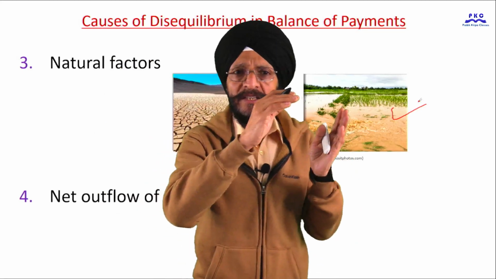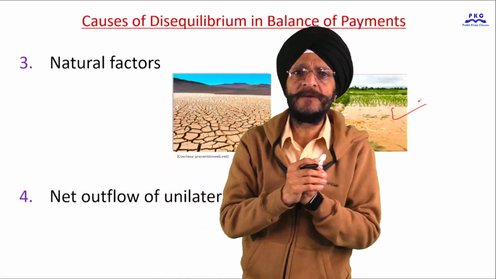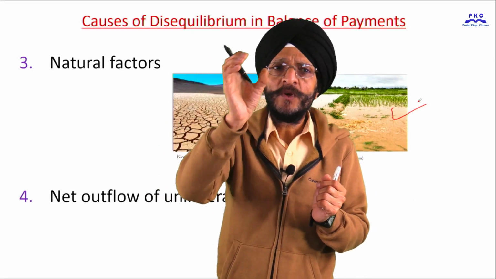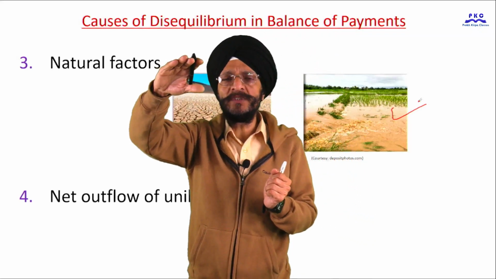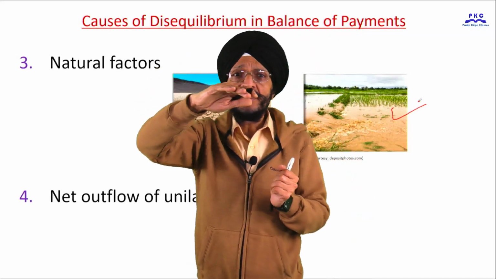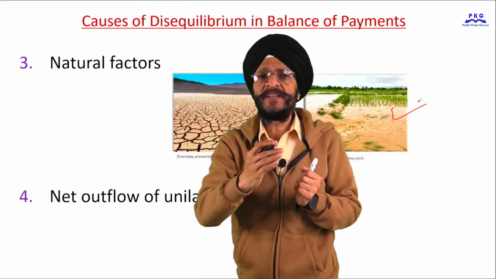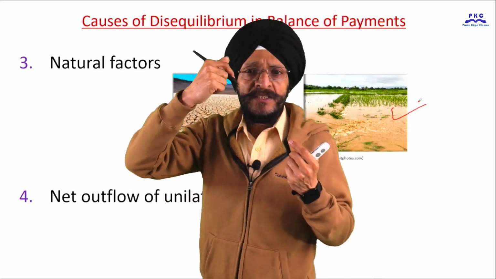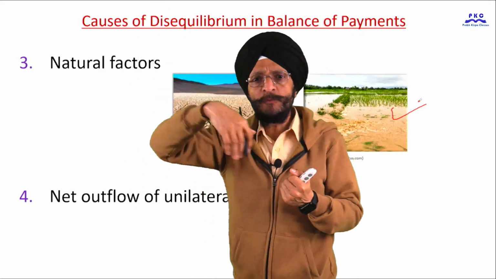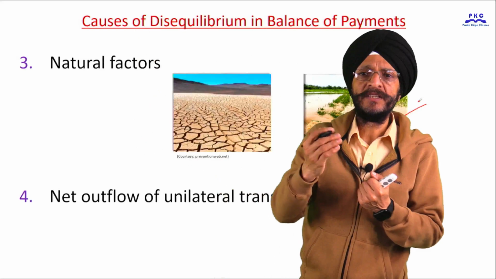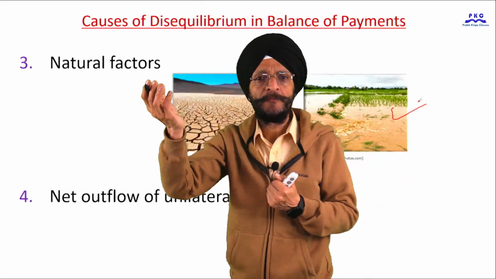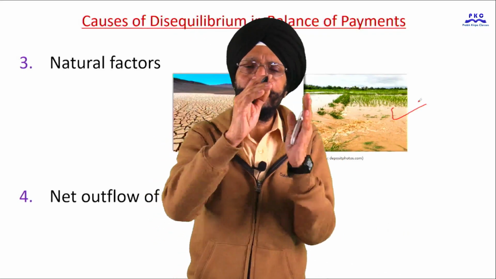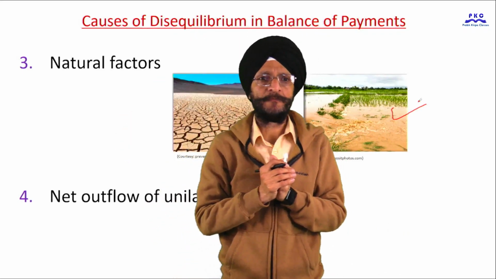That is, in that case it may be possible that exports may reduce to minimum, whereas imports will remain on the stable side, or imports may increase because the country which was exporting rice may have to import rice in addition to the other imports. So there may be disequilibrium in balance of payments, that is, the imports may exceed exports.